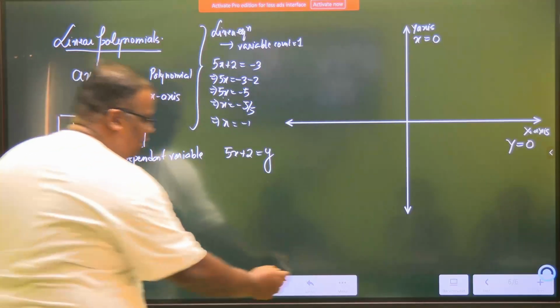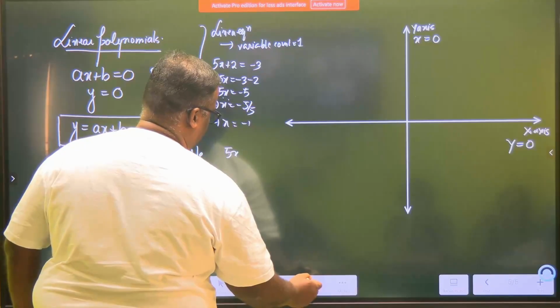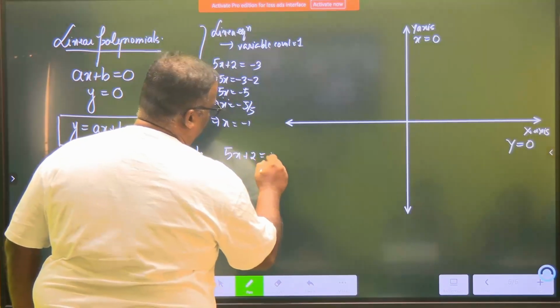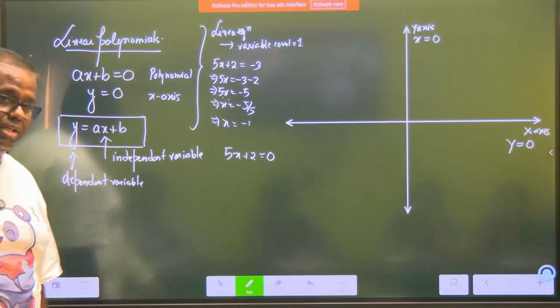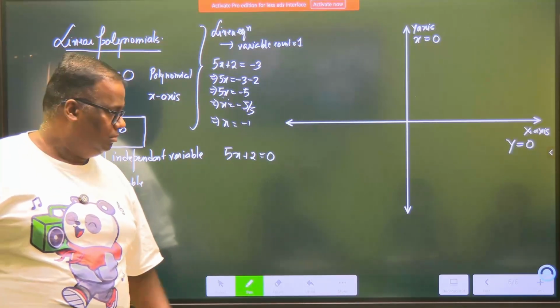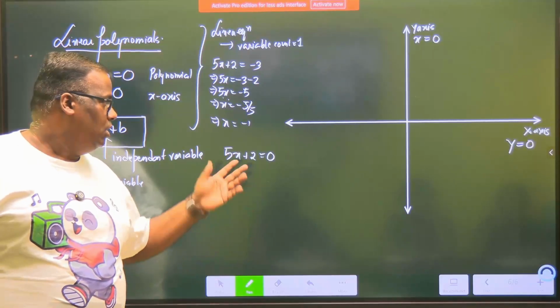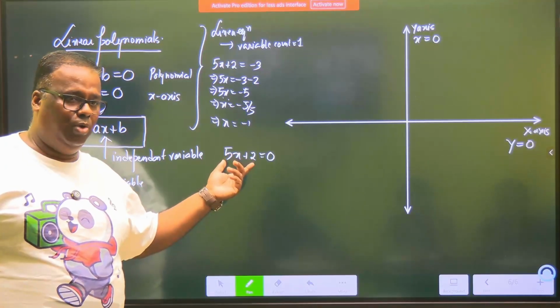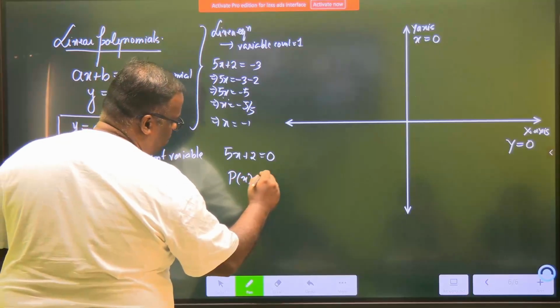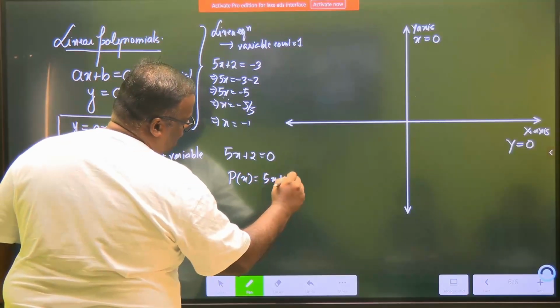Or let's say it like this, 5x plus 2 is equal to 0. Solve graphically. Right? Now how to solve it? 5x plus 2 is your given polynomial. So what is your polynomial? P of x is equal to 5x plus 2. And this is equal to 0.